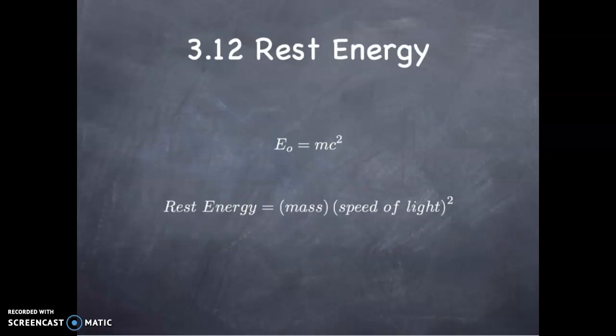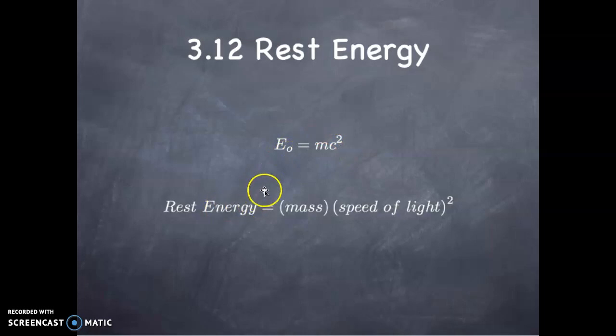Finally, though, out of Einstein's theory of relativity has emerged this very famous equation, E equals mc squared. The interpretation of this equation is that if you have energy E0, and if that energy can be converted, which it can, completely to mass, then the conversion is given by this equation.